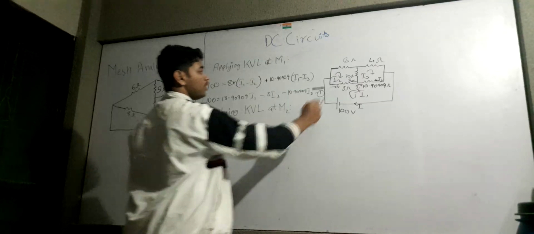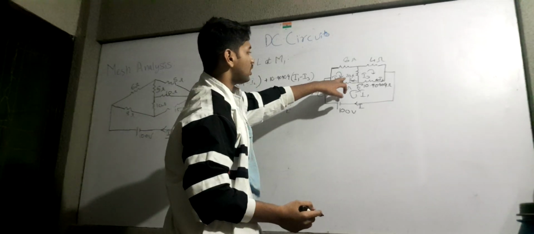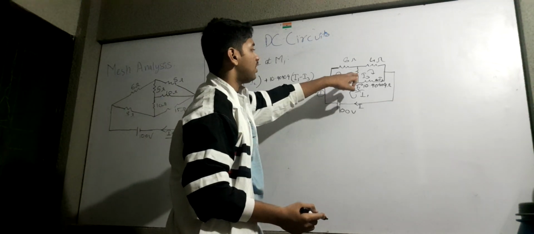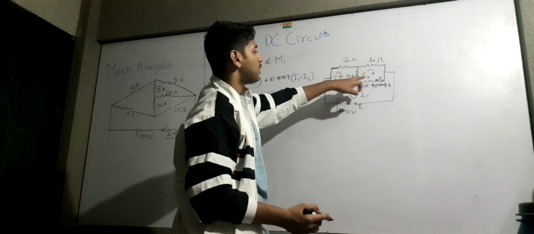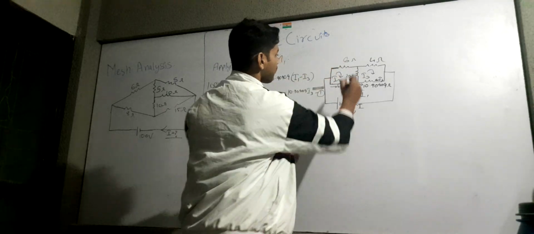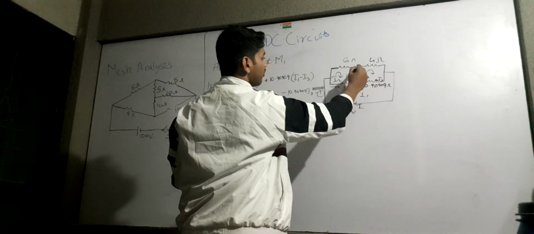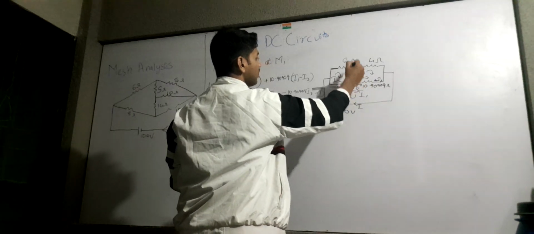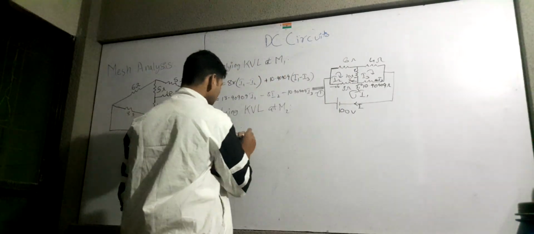Now we go to 20 ohms, which is shared by both the meshes, and again here as per I2 we are going from positive to negative, but as per I3, which is going upwards, we are going from negative to positive, which will be an addition in potential.